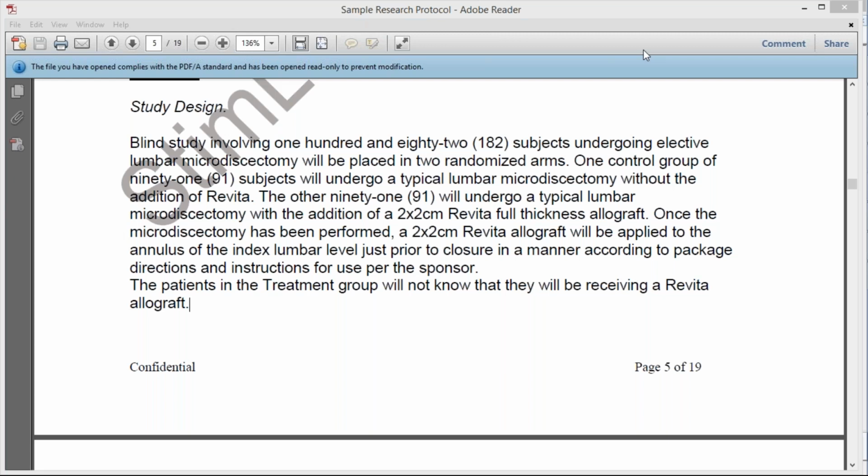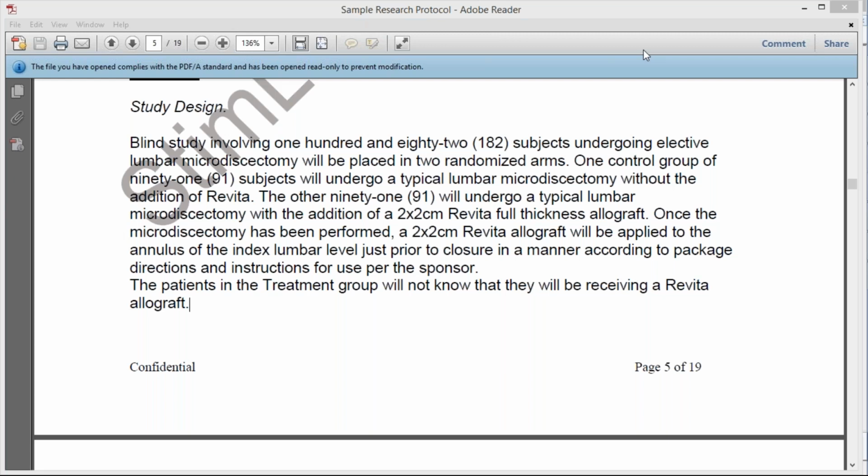We will know the better efficacy of the product if we compare with the control group. Control group means those who receive nothing, no drug, no product. Whatever the traditional surgery that we are following, we follow the same procedure for 91 patients.